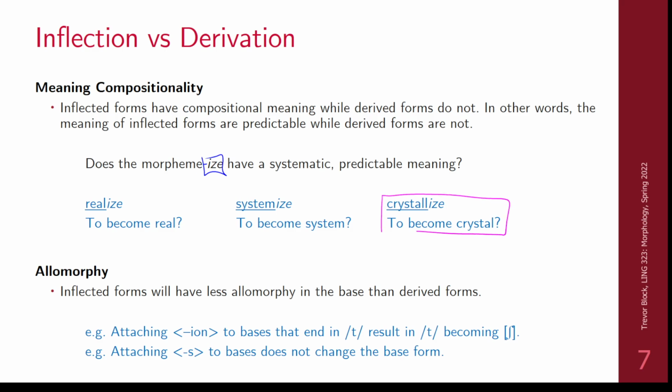So let's start with this one on the right. So let's take this as our base form. So this is like a change. It's like to become whatever the base thing is in terms of property. So to systemize, to become systematic, it's close enough. So yeah, it's a very similar meaning. To realize something, to become real. This depends on the interpretation of realize.